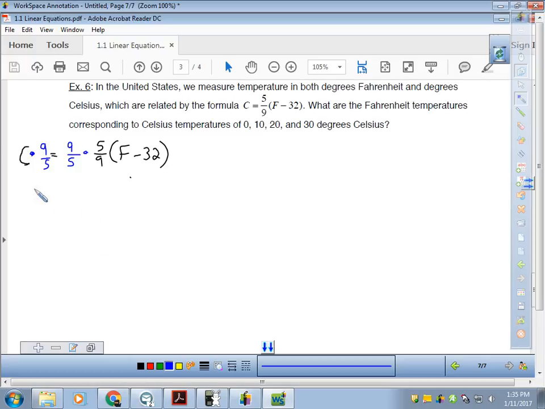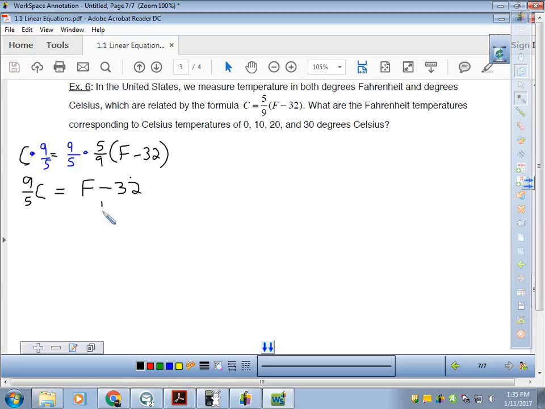So here on the left-hand side, c times 9/5, that's going to give me 9/5c equals, here the 5's cancel out and the 9's cancel out, so all I have left is f minus 32.